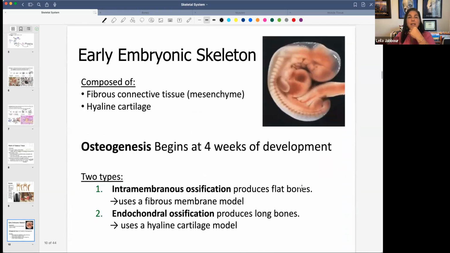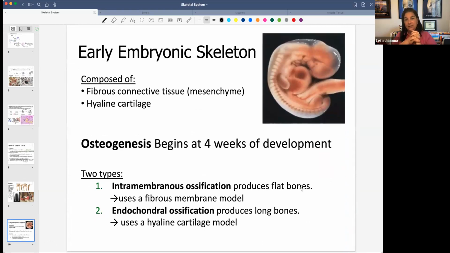All right, let's talk now about the skeleton and how it is put in place. How do we end up having a bony fetus? Because the embryo is actually with no bones in the beginning. The early embryonic skeleton is strictly made of connective tissue, fibrous connective tissue, which is the general connective tissue, and hyaline cartilage. No bone yet. So hyaline cartilage is a specialized connective tissue.